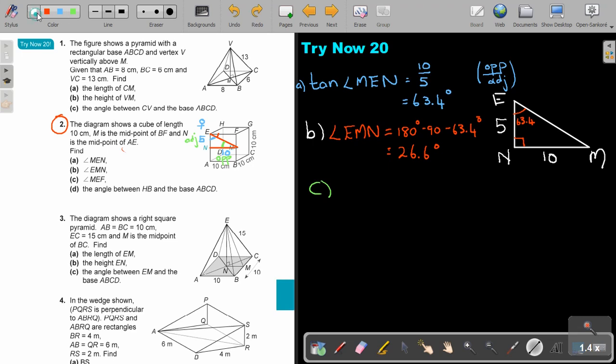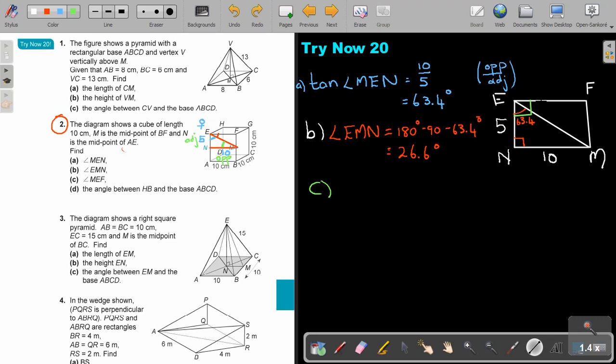And I'm just going to keep to white. Okay, so there is F now. And don't forget that this angle must be 90.